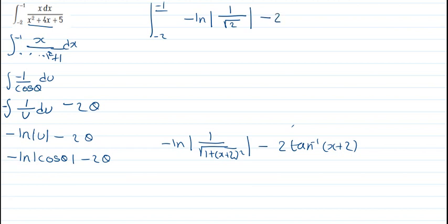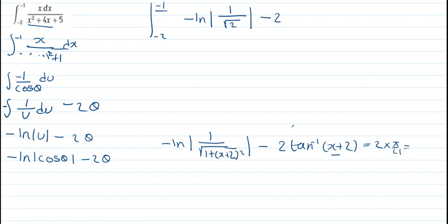When you put negative 1 where there's x, it's going to be negative 1 plus 2. Then when you add, it's going to give you a 1. Tan inverse of 1 is simply 90 degrees, which is pi over 2, which is 2 multiplied by pi over 4.